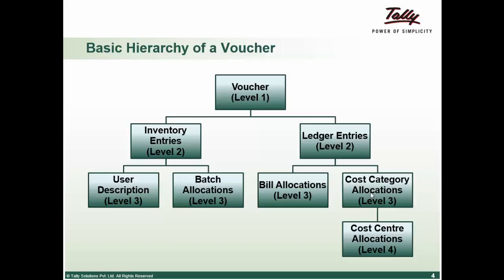Keep this point in mind. Even though the customer does not activate cost category but activates cost center, as per the voucher object hierarchy, cost center would be at the fourth level. So even if it does not exist for the customer, still at the backend it exists. He cannot see it, but it exists.